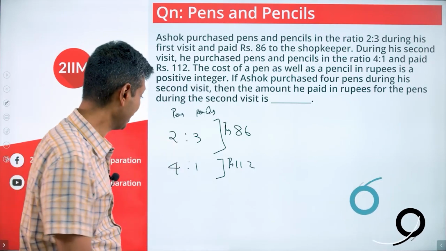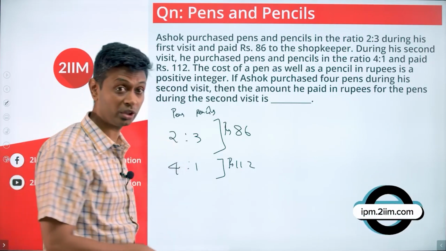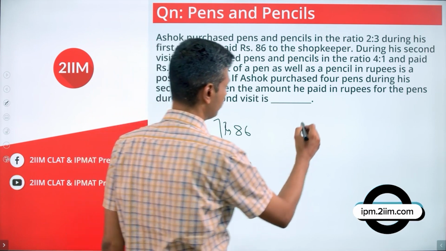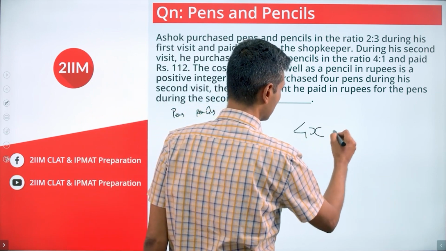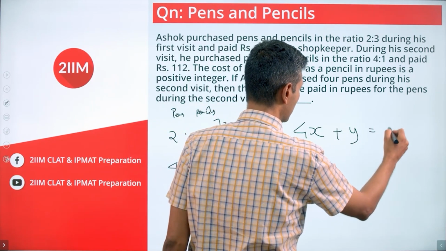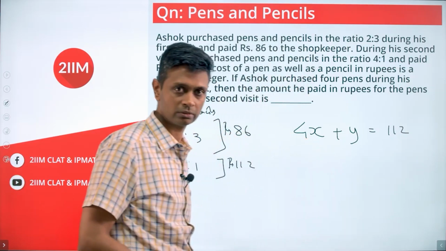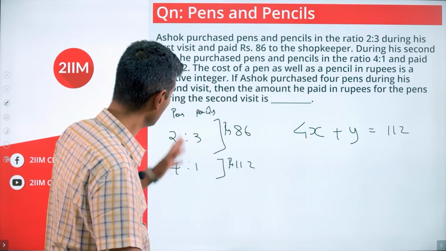Now this is wonderful. I don't want to deal with this ratio here. In the second visit, he buys 4 pens and a pencil for 112. Right? For the first time, the ratio is 2:3.